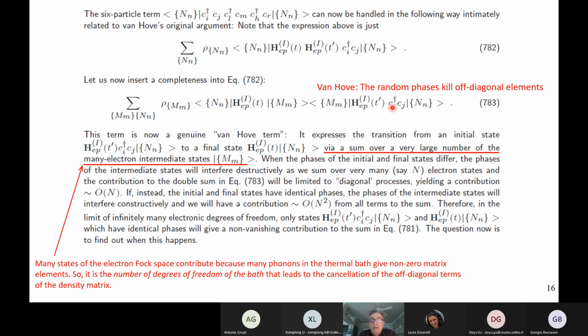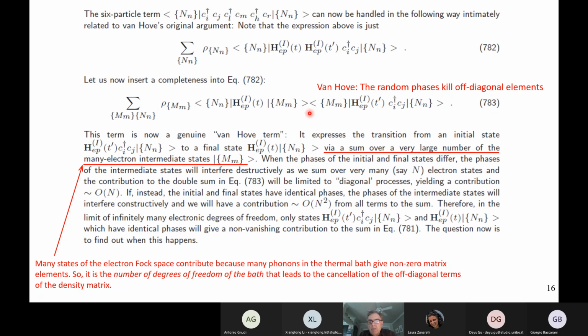On the contrary, if i and j are different, then the phases will essentially interfere at random, and we'll have roughly a number of terms which goes linearly with the number of phonons. So in the limit in which the number of phonons, or the number of degrees of freedom of the bath, is very large and goes to infinity, we can ignore the off-diagonal elements. This is the basic argument that Van Hove gave.